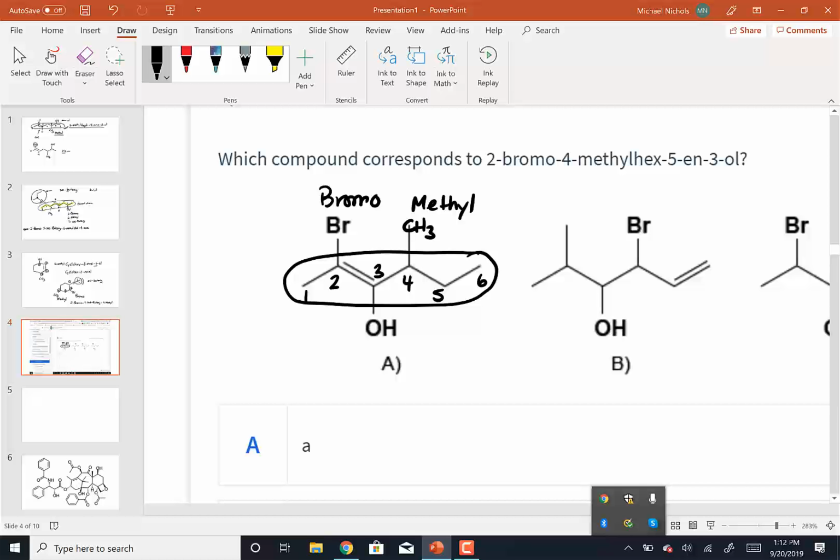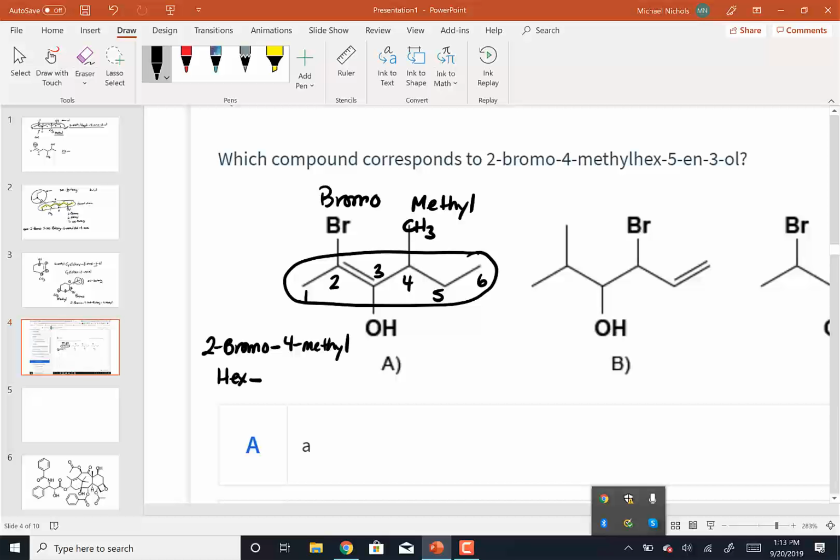Got a 6-carbon chain, which means I've got a hex. So what would the name of this be? Alphabetizing: 2-bromo, 4-methyl, hex, dash.